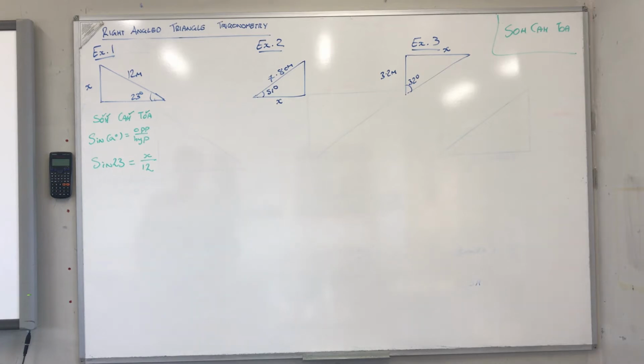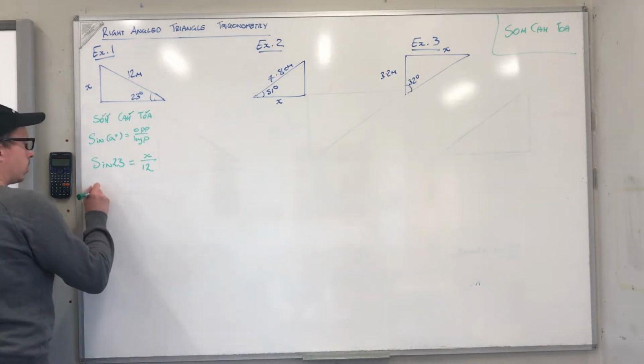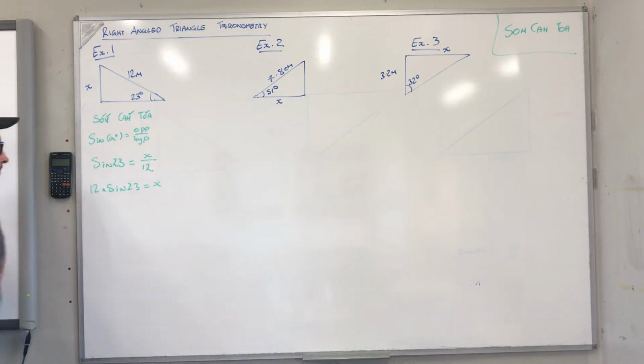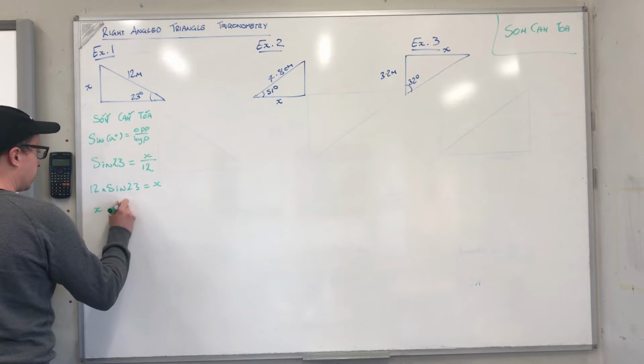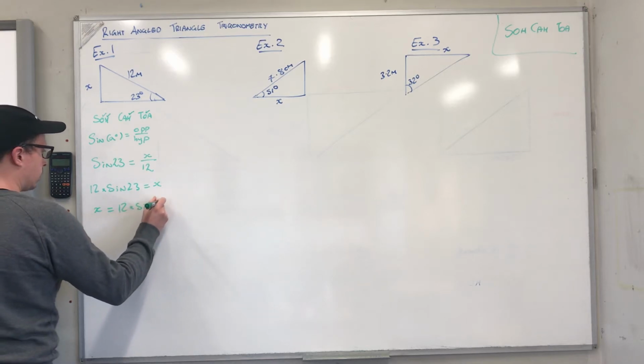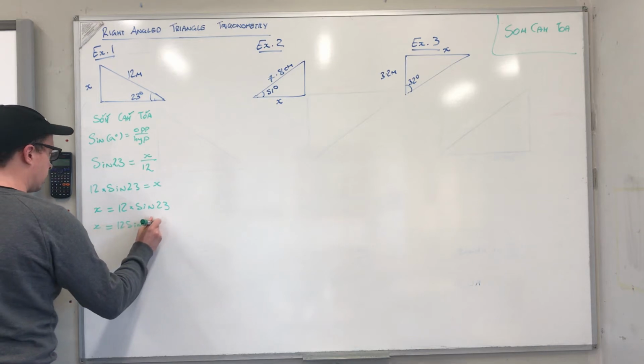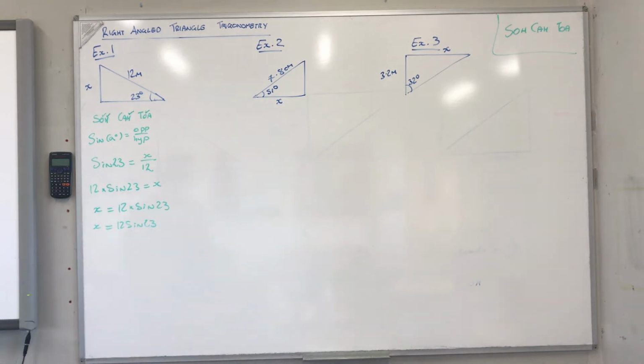Okay? And then, just for niceness, I'm going to rewrite it. We don't need to write the multiplication sign between the number and sine because it's unnecessary. We know that means multiplication.